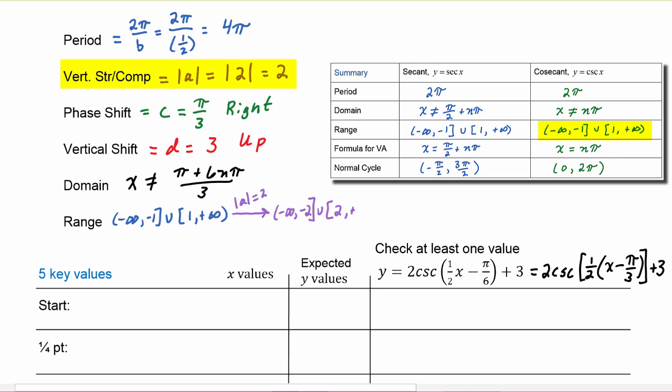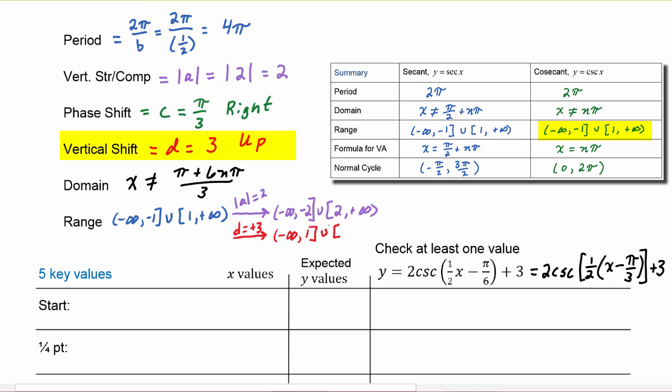2 to plus infinity. The range is also affected by the vertical shift, and we know that D is equal to positive 3. Every y value has to shift up by 3, so that means the range is going to become negative infinity to positive 1, because if I take negative 2 and add 3, I get positive 1.